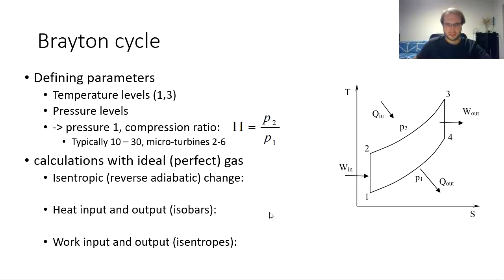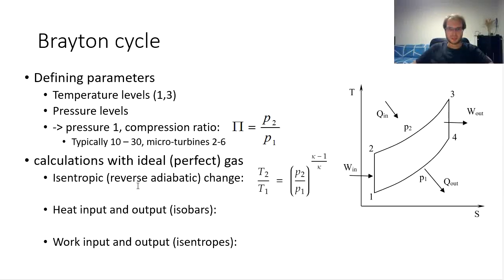the isentropes. So for the isentropic, or in other words, reverse adiabatic change, we will use the expression for the ratio of the temperatures T2 over T1, which is P2 over P1 to the adiabatic exponent (kappa minus 1) over kappa. How to get to this relationship?